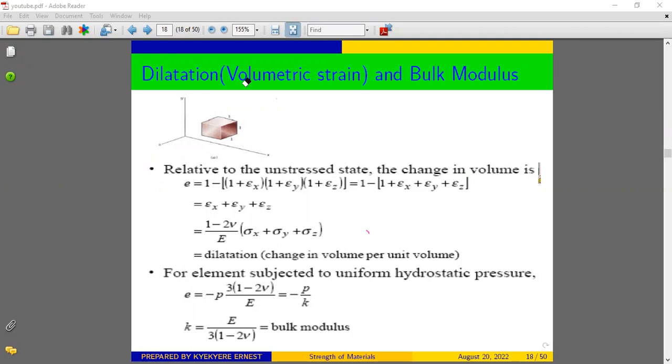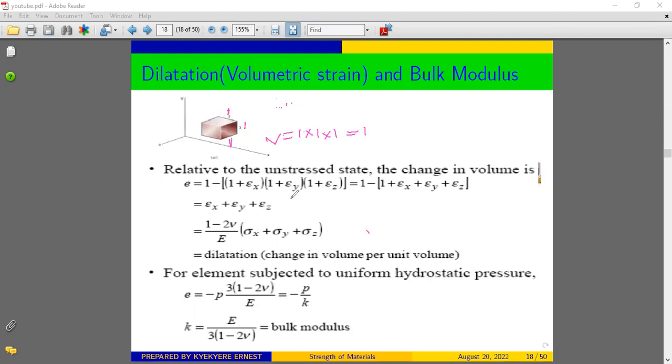Now let's consider a cuboid in the three principal axes, and the length on the y-axis is 1, on the z-axis is 1, and on the x-axis is 1. So we can say that the total volume is going to be 1 times 1 times 1, which is going to be 1.